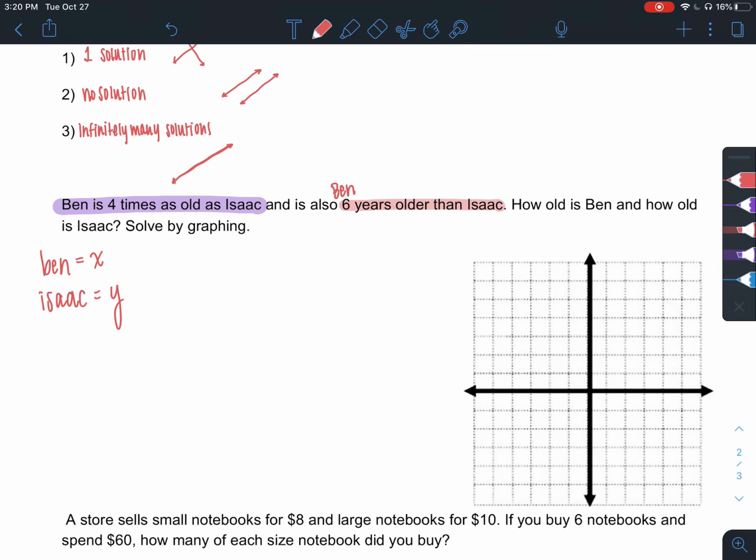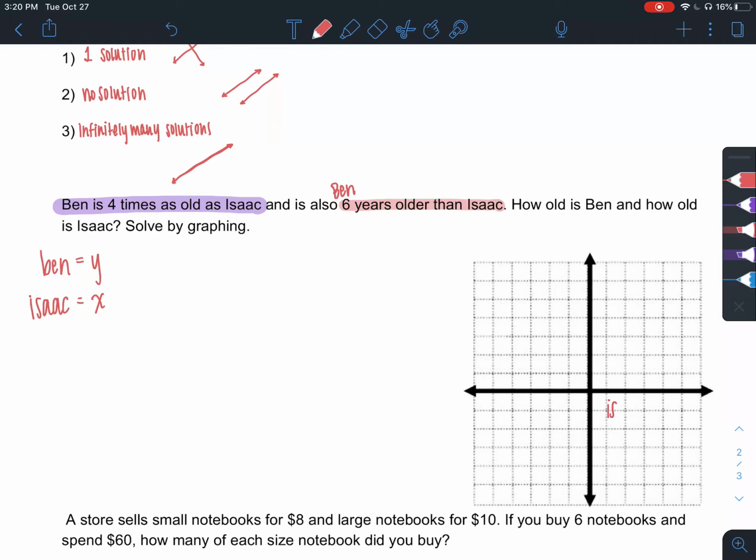So Ben is 4 times as old as Isaac. So 4x, sorry, no, that's not true. Let's actually switch and make Ben Y and Isaac X. That'll make our lives a little bit easier.